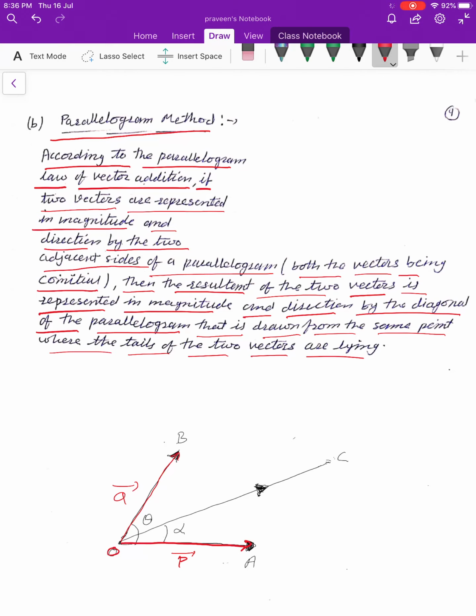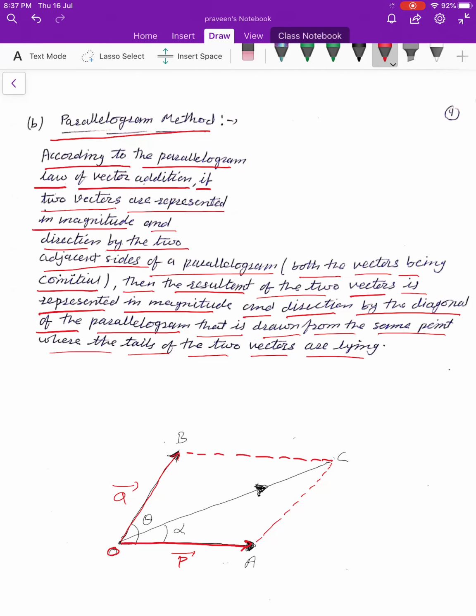From the head of the P vector, a line is drawn parallel to the Q vector, and then from the head of the Q vector, a line is drawn parallel to the P vector.